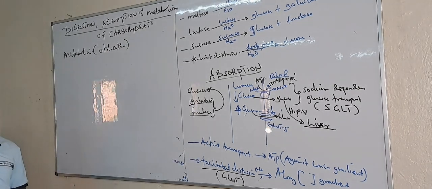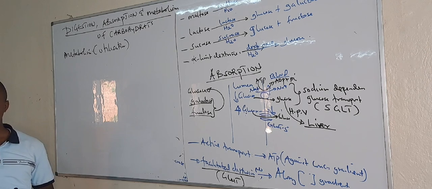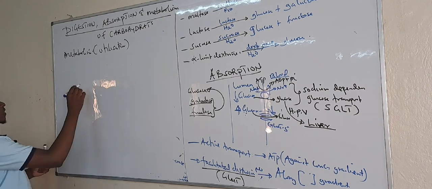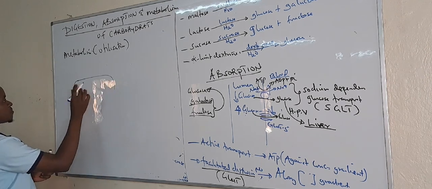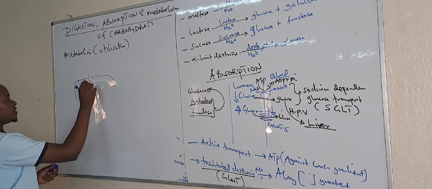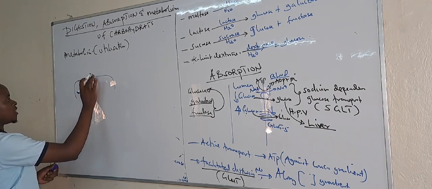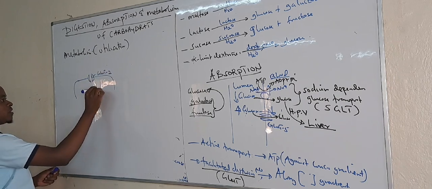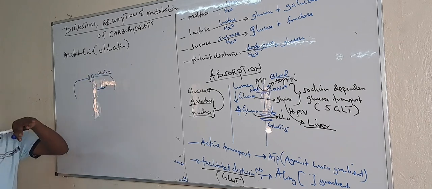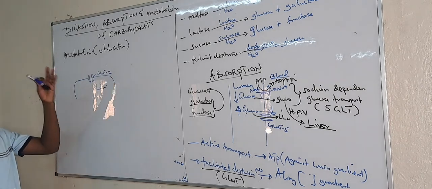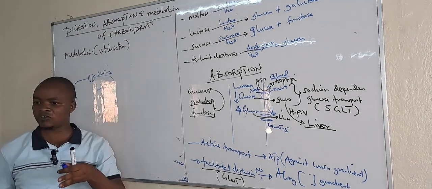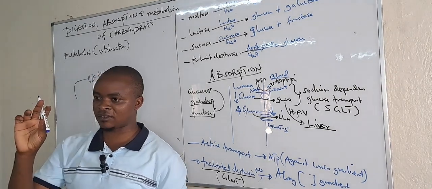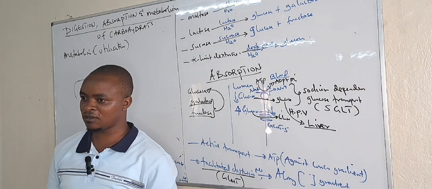So once glucose reaches the liver, if this is the liver cell, this liver cell also has gates. And these gates, in the liver, are called GLUT2. Before glucose enters into the liver, high levels of glucose in blood trigger the beta cells of the pancreas to release insulin.